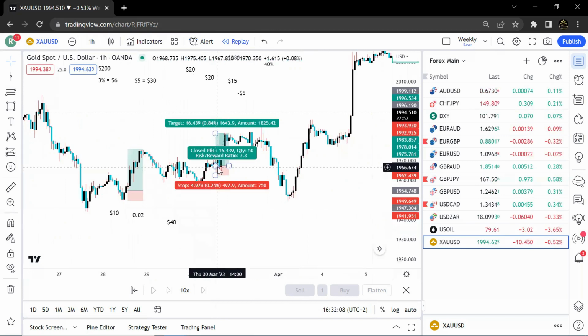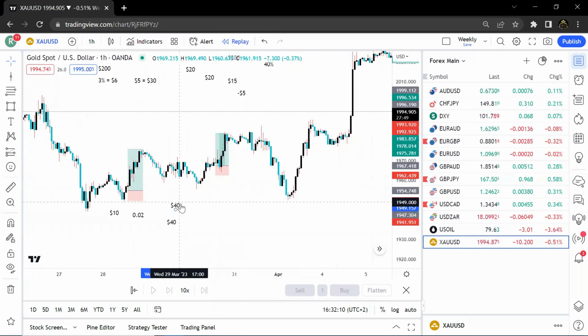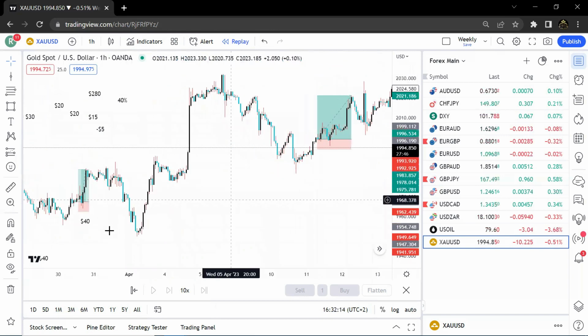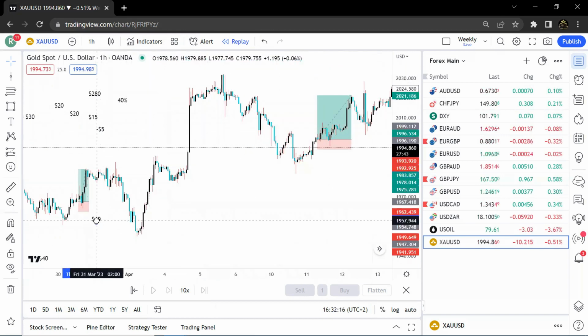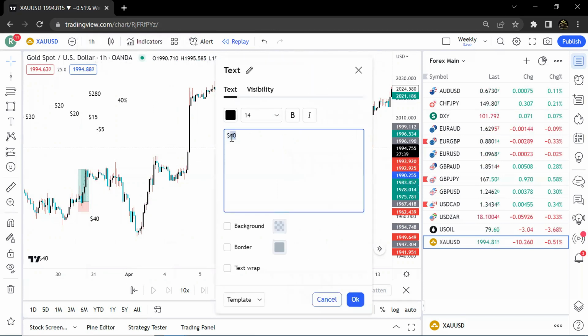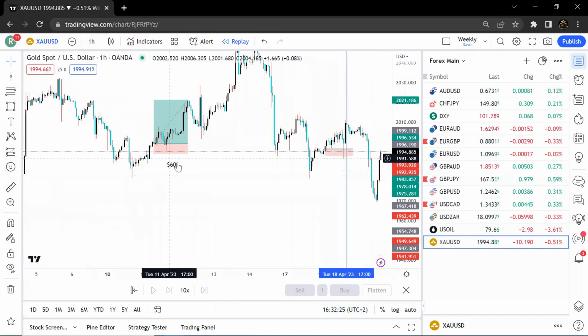And then the second one was the same. Okay, $40, $40, and then that was a little bit of a bigger one. That was a $60 position. Okay, and then we obviously lost $10 on that position.